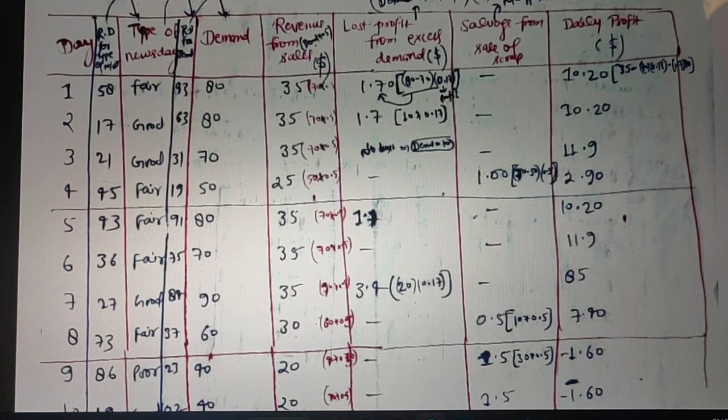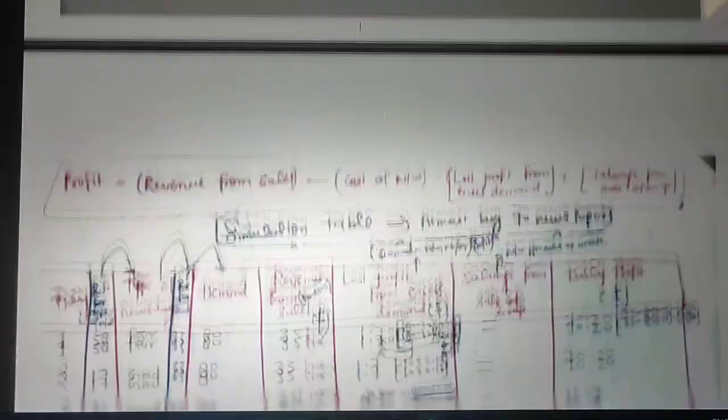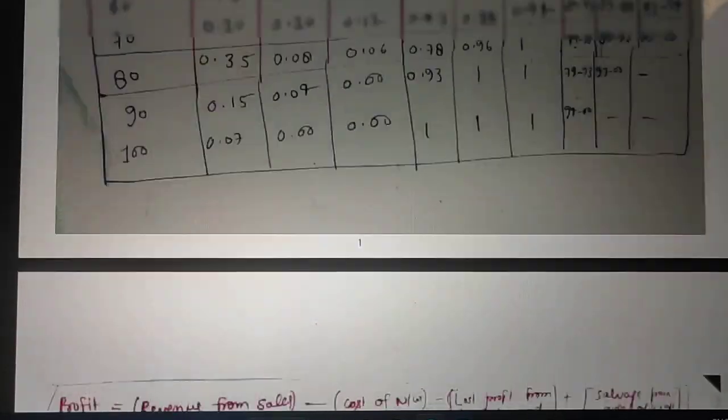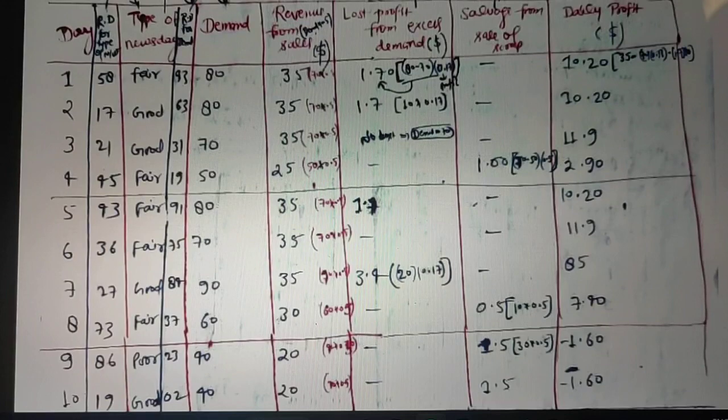Now we have to go to the good section and see which range random digit 63 lies in. 63 lies in this range, okay. So it will give the demand as 80. So demand is 80 here. So again the demand is 80, so we will get the same revenue from sale and the same lost excess profit, and this will be the same, this will also be the same.